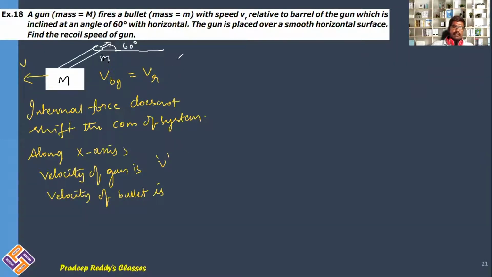It is given as vb minus vg is equal to Vr, but along the x-axis the velocity of the bullet is Vr into cos 60. So I can write it as Vr into cos 60 minus the velocity of the gun is equal to Vr.